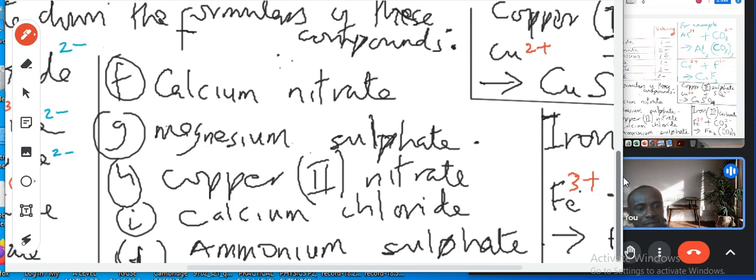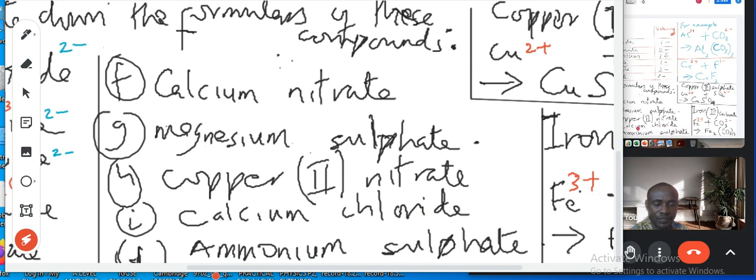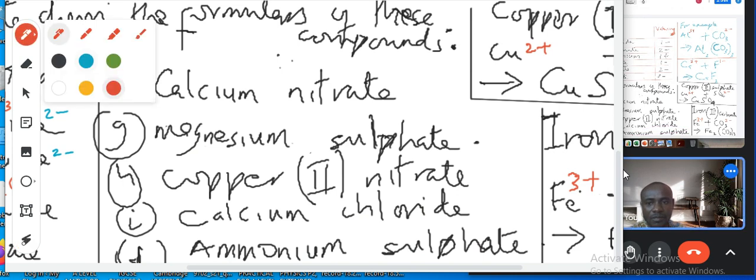All right, let's move on to something more. Let's look at ammonium sulfate. Ammonium is 1 plus. Sulfate is 2 minus.